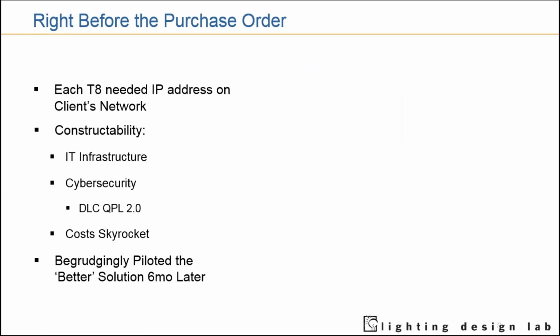Oh yeah, the lamps are going to communicate in the cloud, and we're just thinking that's a third party. We don't have to worry much about this. No, we were going to require each lamp to have an IP address on the client network. And that was not a thought where we had included the IT department on this project before.